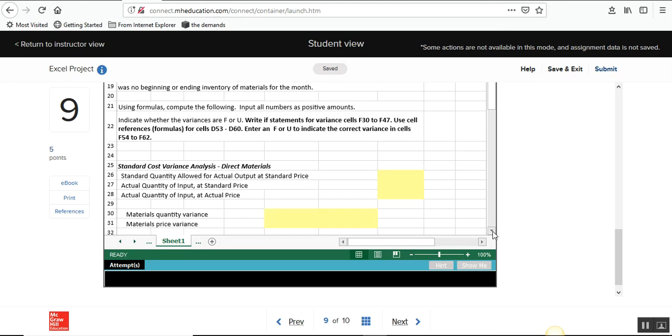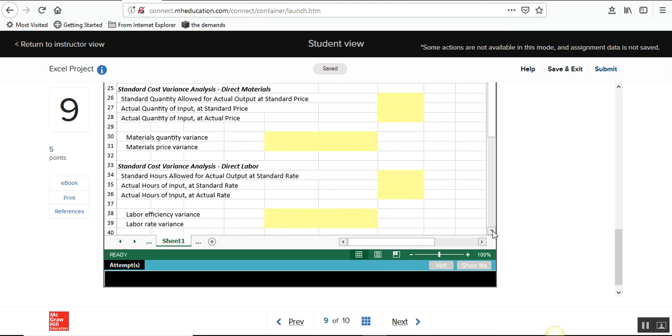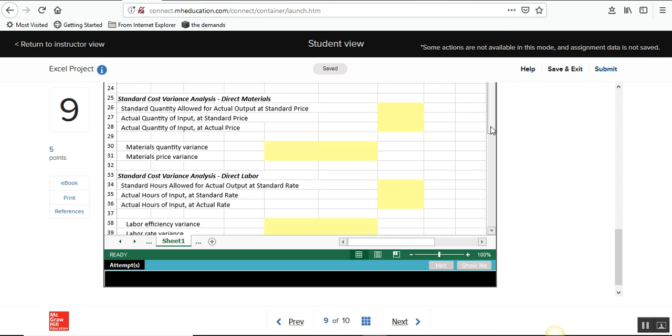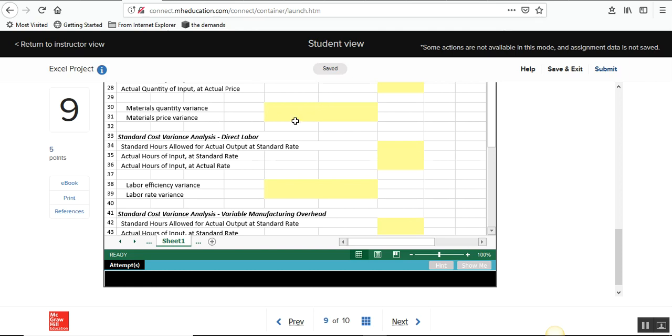So you're going to have a standard cost variance for direct materials, a materials quantity variance, and a price variance. And it's going to be based on those formulas where, if you're looking at the quantity variance, you're basing it on the actual price times the standard quantity minus actual quantity to identify the quantity variance, and the materials price variance will be similar to that.